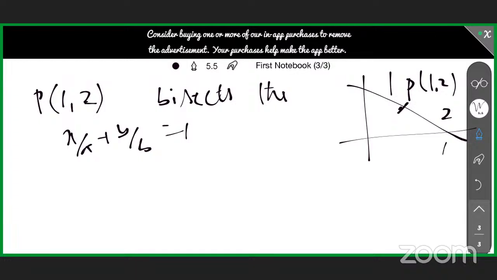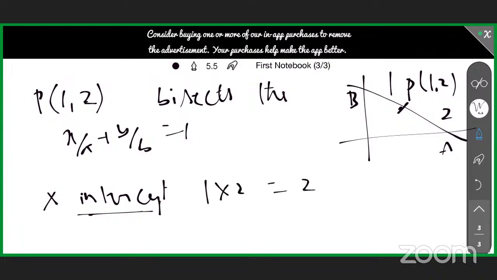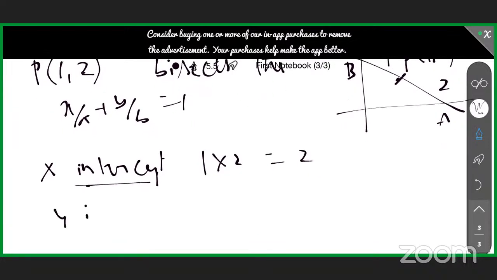So take this as A and this as B. Therefore, I can take the x-intercept as 1 into 2, that will become 2, and the y-intercept as 1 into 1, which is equal to 1. Generally, I'm taking it as 1 unit.